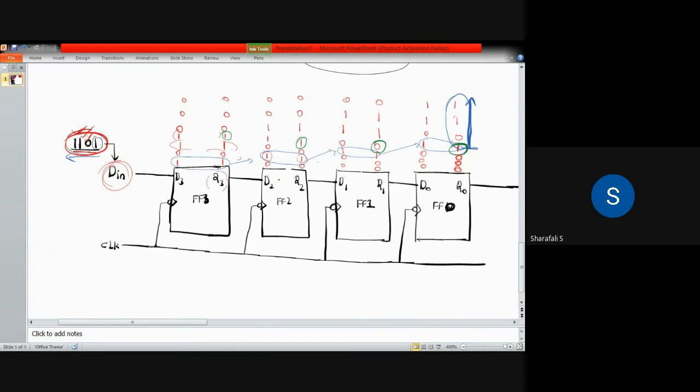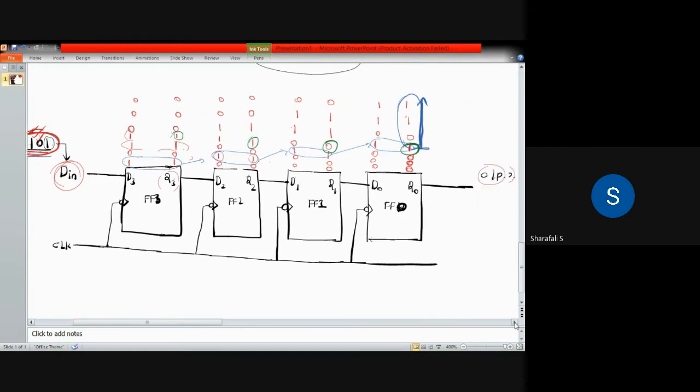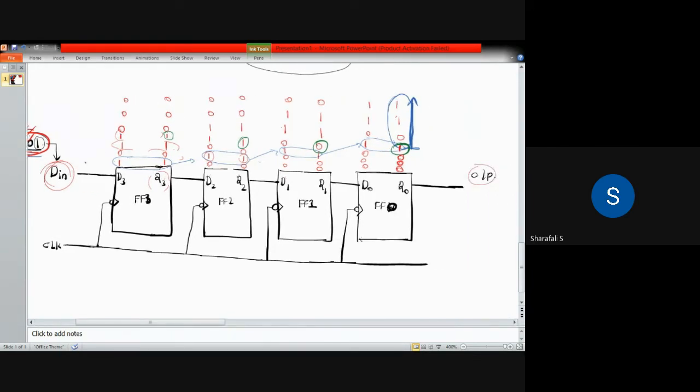Okay. So if you want to take that out, then you have to consider the other clock pulses also. But if you just want to fetch that data into this register, in that case, you need only 4 clock pulses in this particular case. Okay.